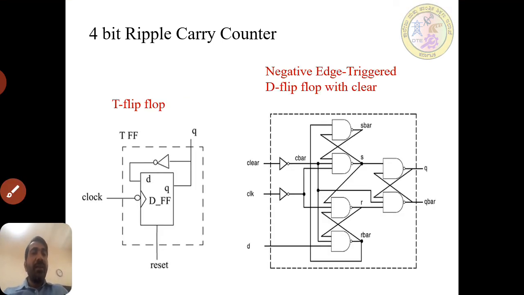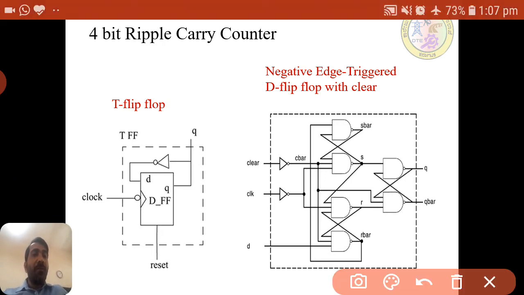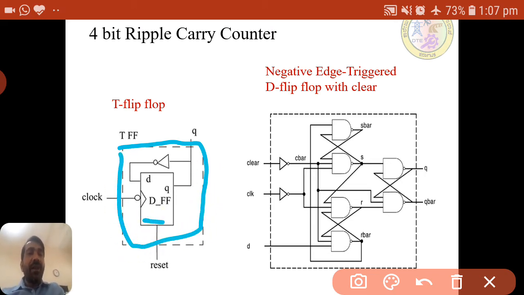Okay, so here inside, the T flip flop is constructed with one D flip flop and a NOT gate. So how will it work? Let us say the present output is 0.